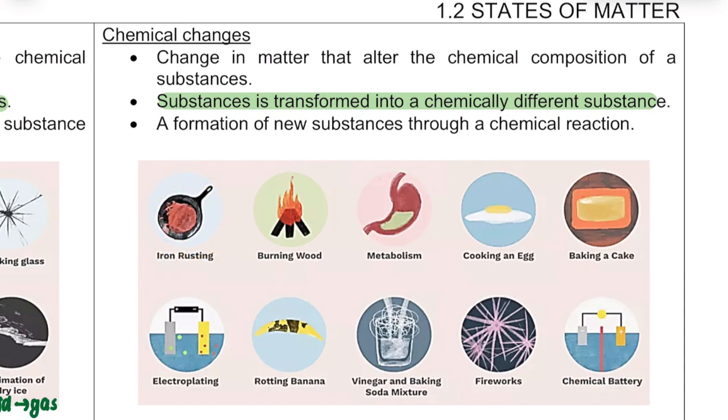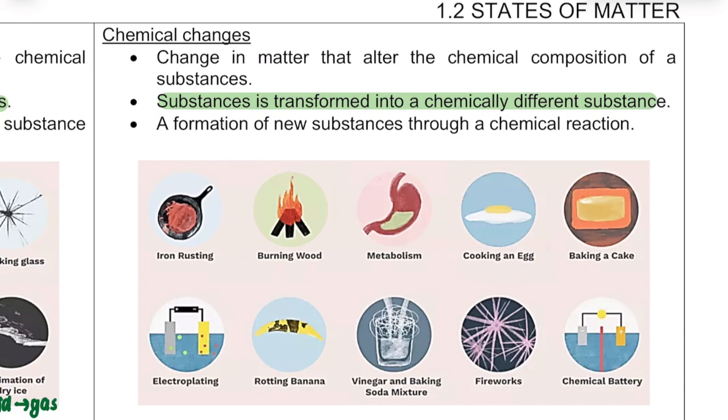Next chemical change is burning wood, where we will form CO2 and H2O. Next, metabolism. When you are eating your food, for example your rice, once it undergoes digestion, it won't be the shape of the rice anymore. It will change into completely new substances. That's why we mention it is a chemical change. Next is cooking an egg.